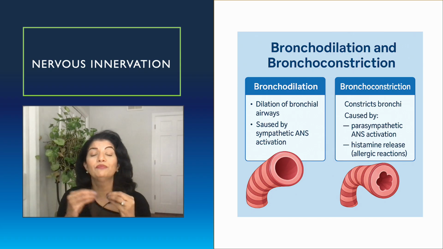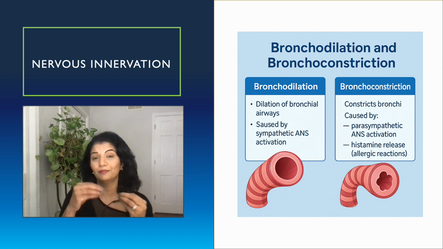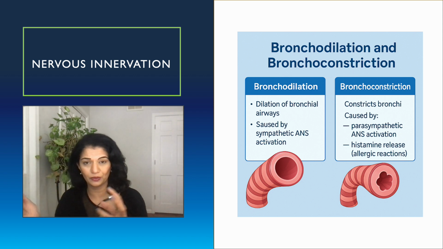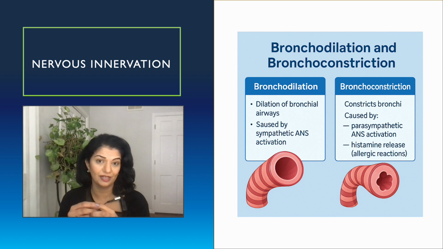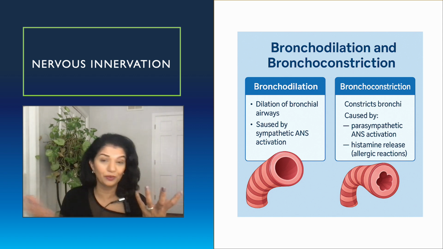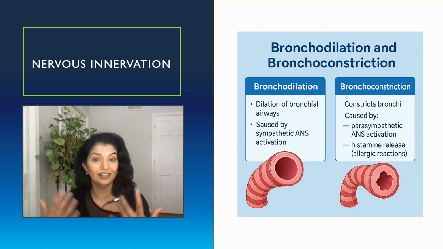So what is the role of the nervous system with the lungs and the bronchus, bronchi, bronchial sort of scenario? Well, basically, our bronchi in our lungs and bronchioles will relax and constrict as necessary, but they don't do it willy-nilly, right? There's a whole purpose to it, and it's controlled by our nervous system.